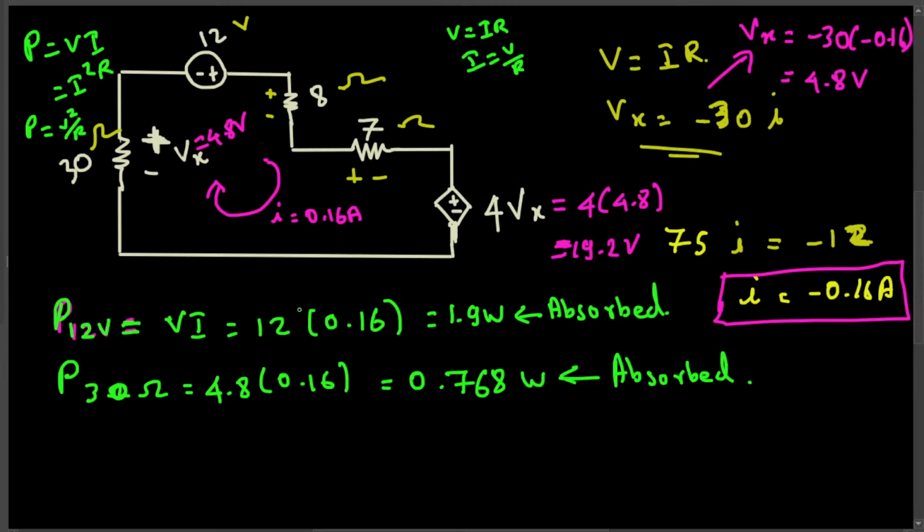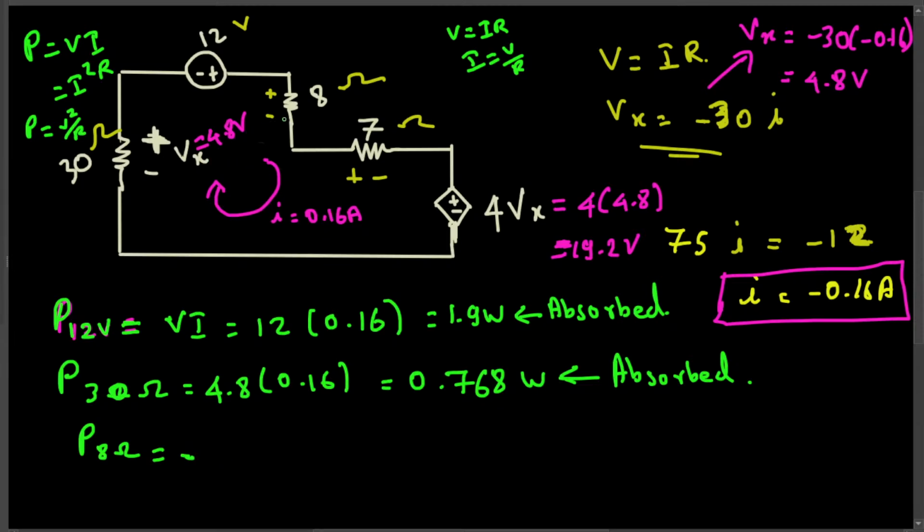And for this 8 ohm resistor, the current is going from plus to minus, so this is going to be a power supplied because it's going to be negative. So negative.